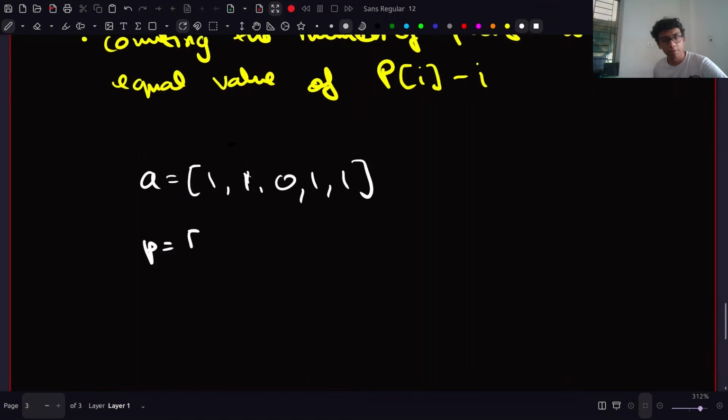Now let's make the prefix sum array. So it will be 0 1 2 2 3 4.